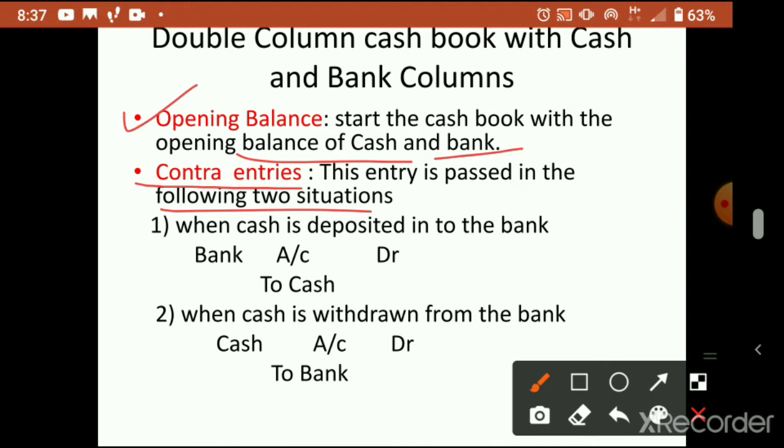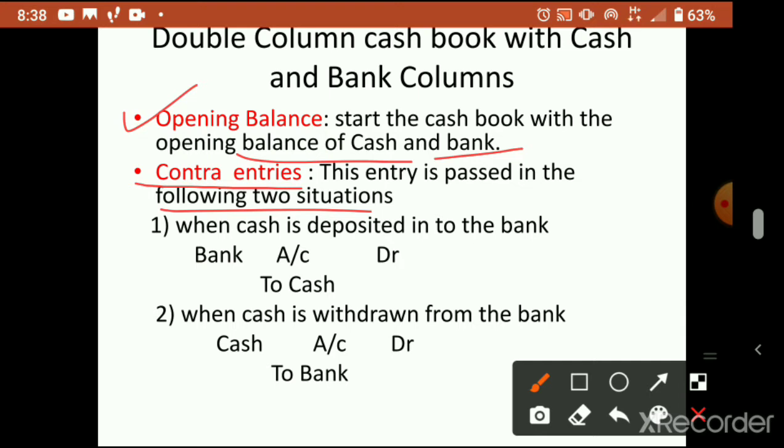These entries will appear at the same time on both sides, that means on the debit side and credit side. So for a single transaction we have to enter on both sides, whereas otherwise, we know for a single transaction either it will be debited or it will be credited.